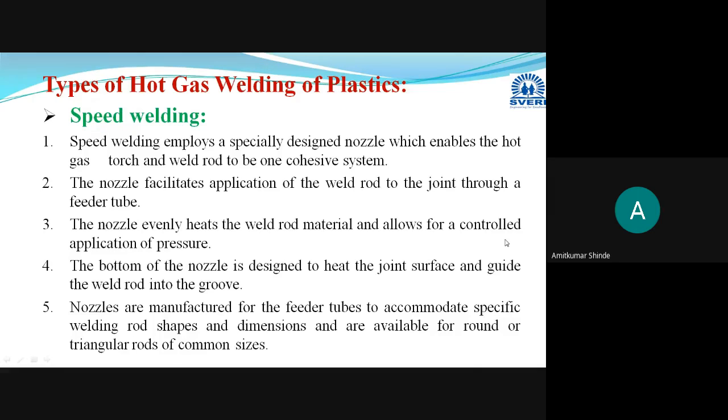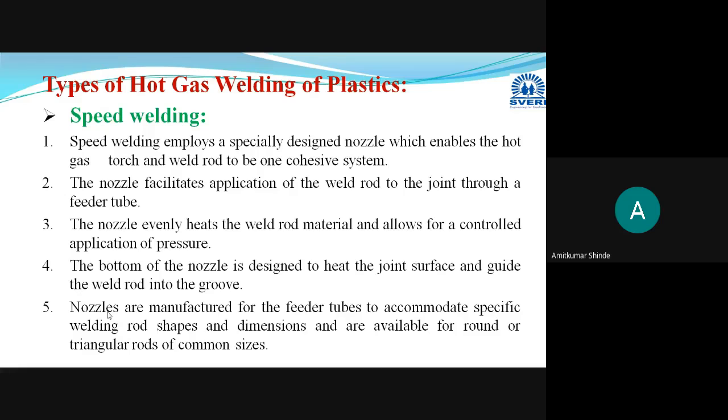Then this nozzle heats the weld rod material, and with the help of the nozzle only, pressure is applied, and the remaining process is the same. The bottom of the nozzle is designed in such a way that it heats the surface, and the weld rod fills that gap or groove.